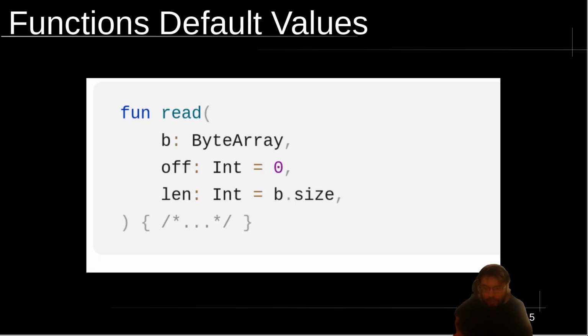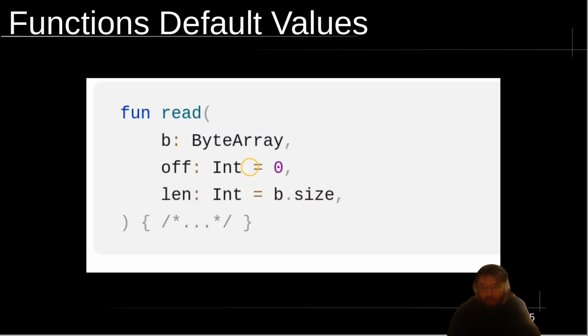Another twist to our function, that has 3 parameters. Let's look at our function right now. It's named read, and it has 3 different inputs. And this is normal: b, that's the name of the variable, type ByteArray, comma, off, this is a weird part, equals 0, that's new, len equals b.size.